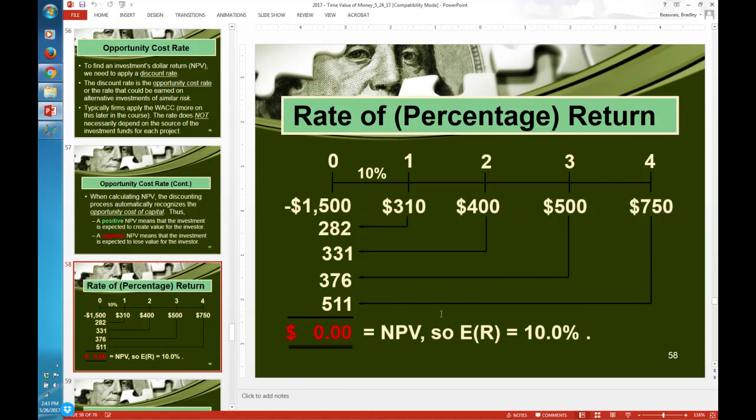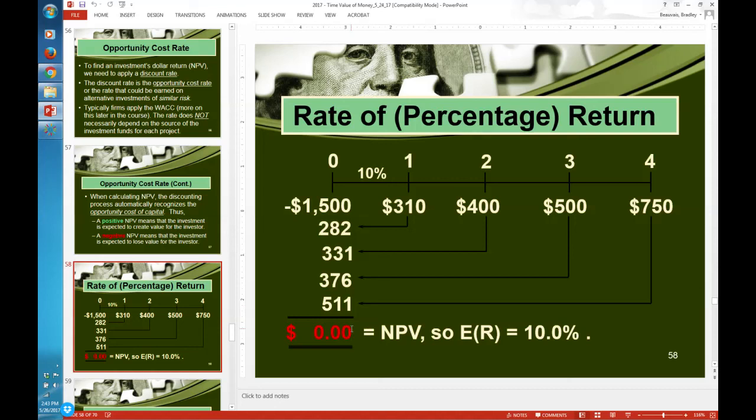Now, if I want to find the percentage return, from a very fundamental standpoint, we can play around with that discount rate until this entire valuation process comes out to a net present value of 0.